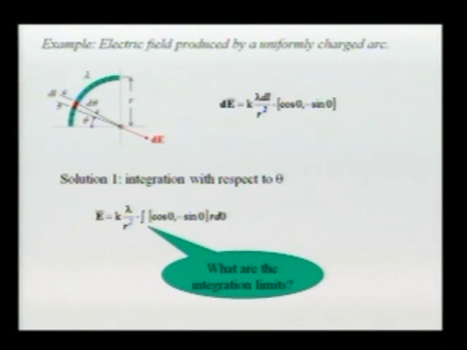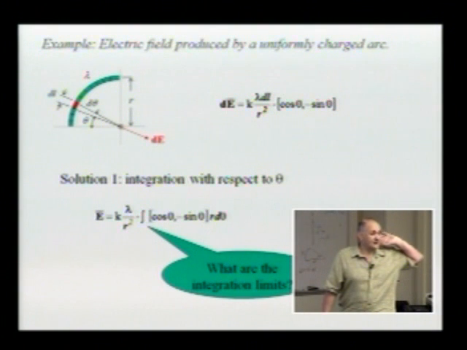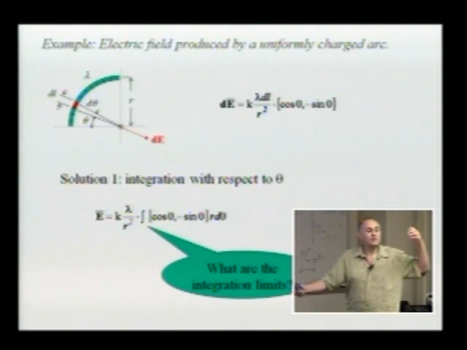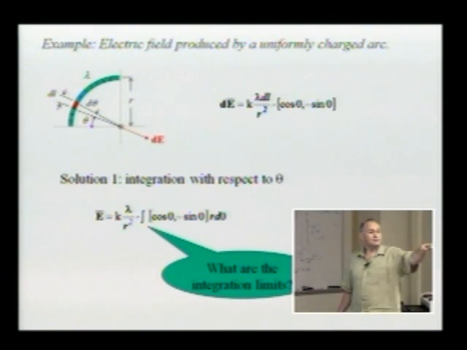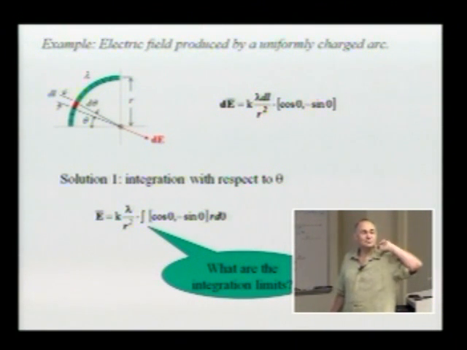Why don't we refresh our memory: what factors do we have to consider in order to properly set the limits? Well, theta, but what are the limits for theta? Can you say the values?